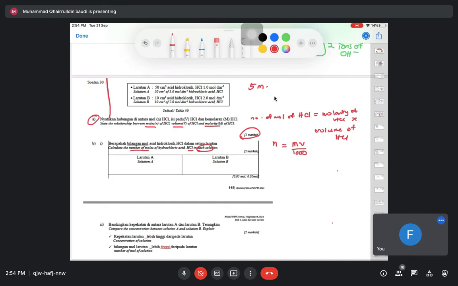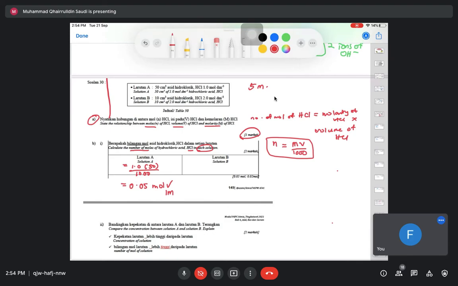So we will be using this formula. So number of mole for solution A is 1.0 times 50 divided by 1000, 0.05 mole, 1 mark.